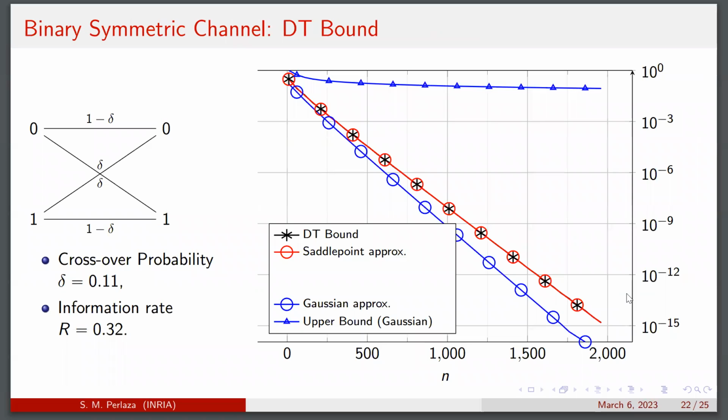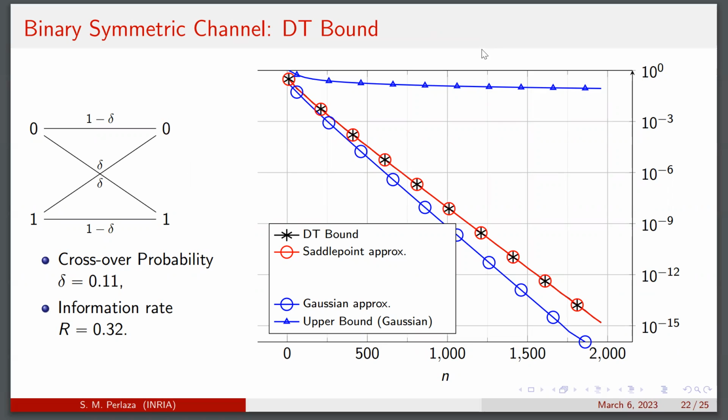using this result. So for a very simple example, a discrete channel that we see here on the left, we plot the Gaussian approximation, the blue one here. In this case, it is easy to calculate the true value. So the black curve is actually the true value, and the Saddlepoint approximation are exactly the same.